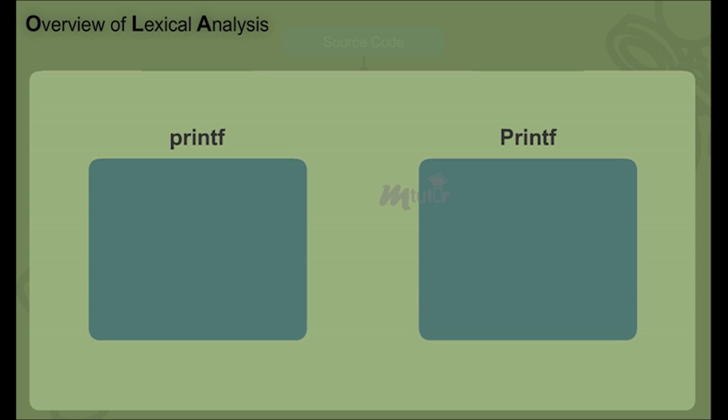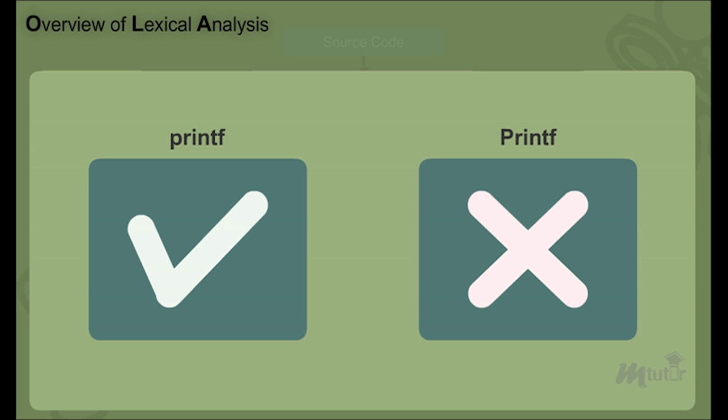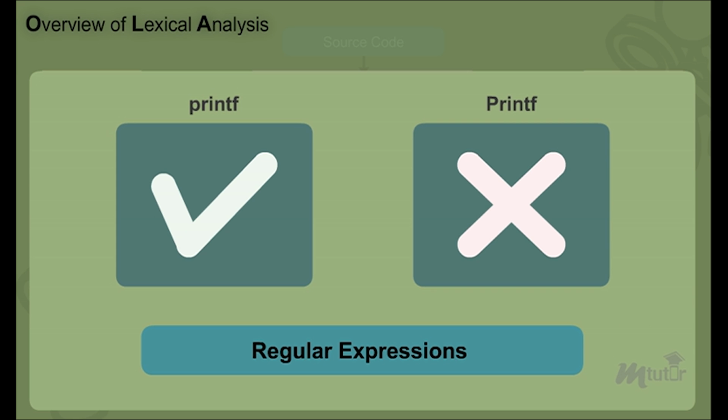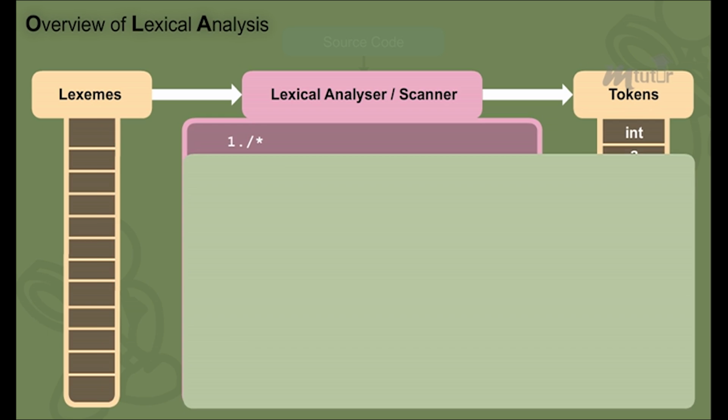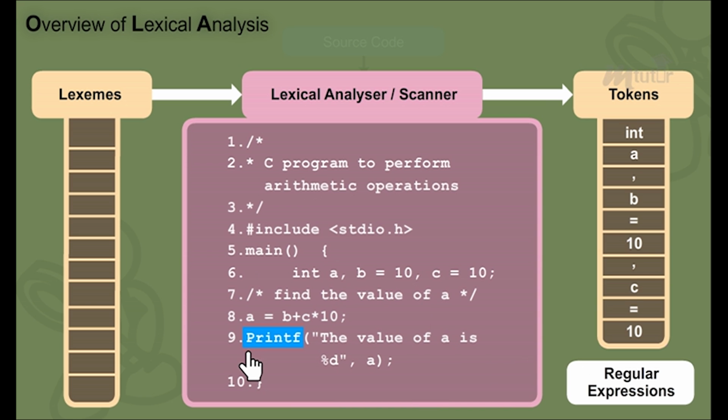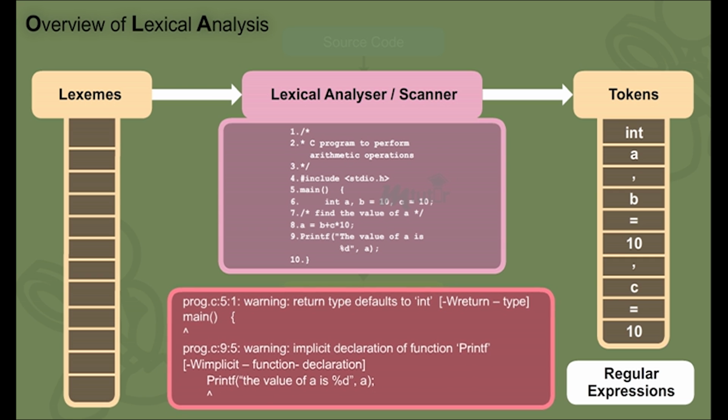In the process of converting lexemes into tokens, first LA has to identify the possible tokens in the source code. For this purpose, it introduces the regular expressions or RE. Regular expressions are the notations for describing a set of character strings. If the lexical analyzer finds any invalid tokens, it generates an error message by representing the line number associated with the error.